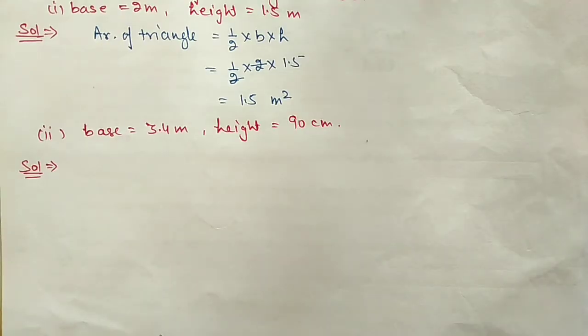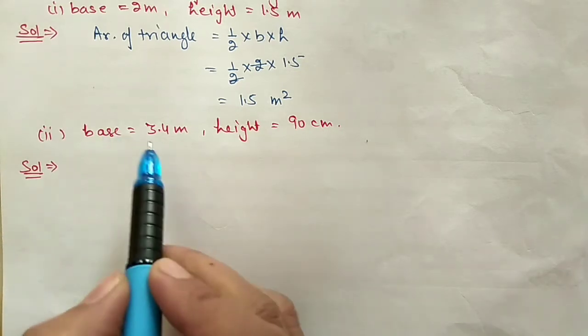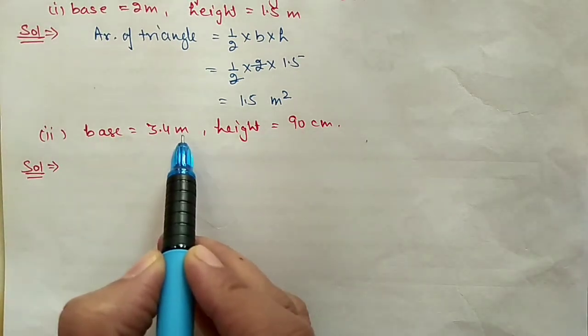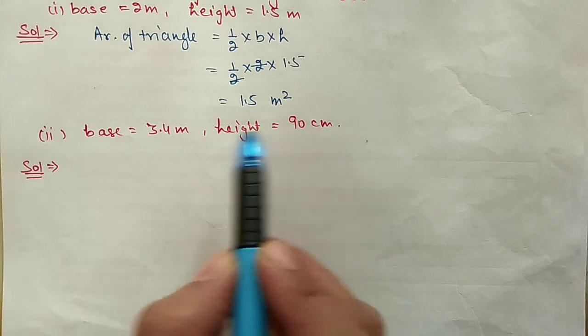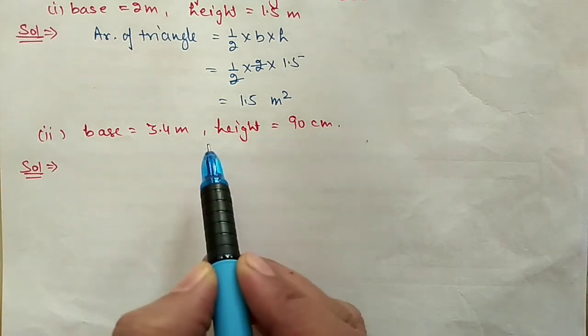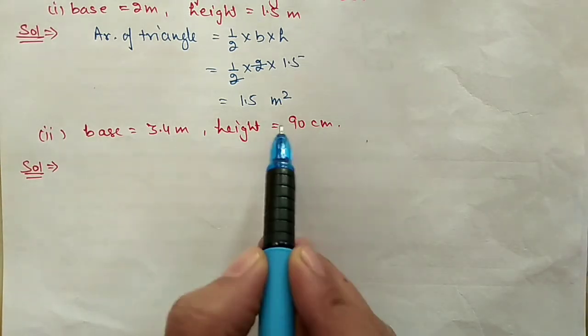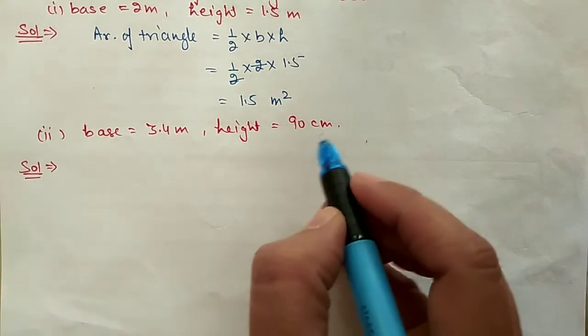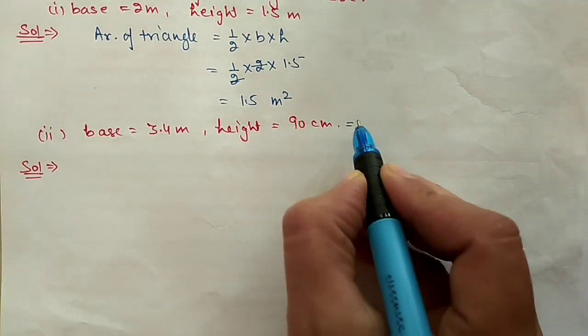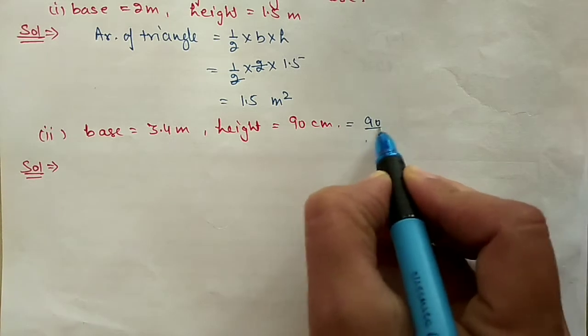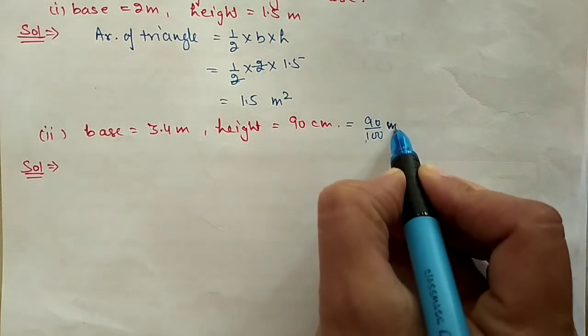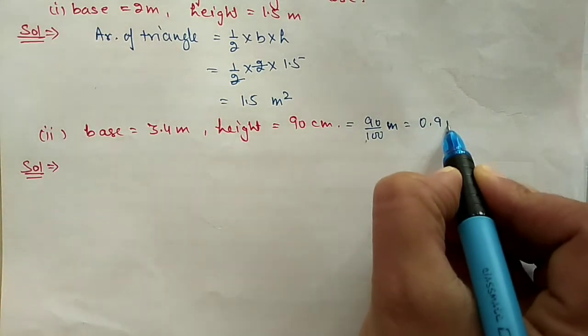Second part, base is given 3.4 meter and height is given 90 centimeter. So in this question you can see base is in meter and height is in centimeter. So first we have to make the same unit. You can change meter to centimeter or centimeter to meter. If we change this centimeter into meter, then we have to divide by 100 and it will become 0.9 meter.